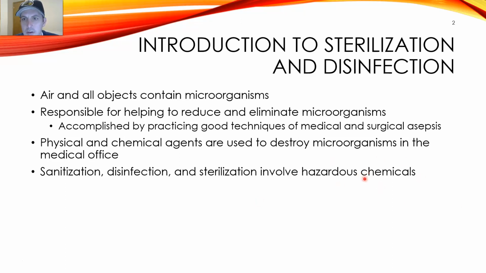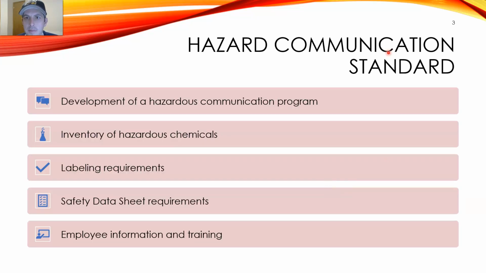So before we get into looking at sanitization, disinfection, and sterilization, we have to take just a quick detour to once again talk about some specific requirements within that. And the first one is the Hazard Communication Standard. Again, this is an OSHA requirement that all employers that have employees with interactions with hazardous chemicals develop a hazard communication program, right, and create all of these different aspects.